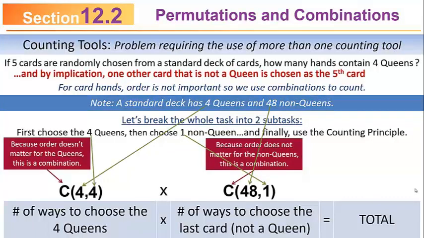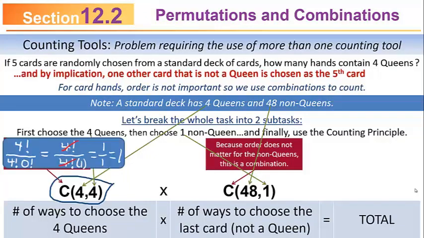Now we need to use the combination formula to calculate each of those combinations. So we want the combination of 4 things taken 4 at a time, so that's 4 factorial over 4 factorial times (4 minus 4) is 0 factorial. So it's 4 factorial over the product of 4 factorial and 0 factorial.